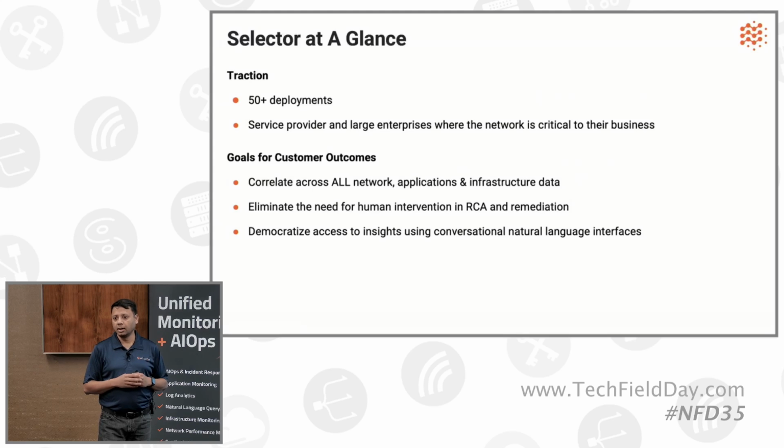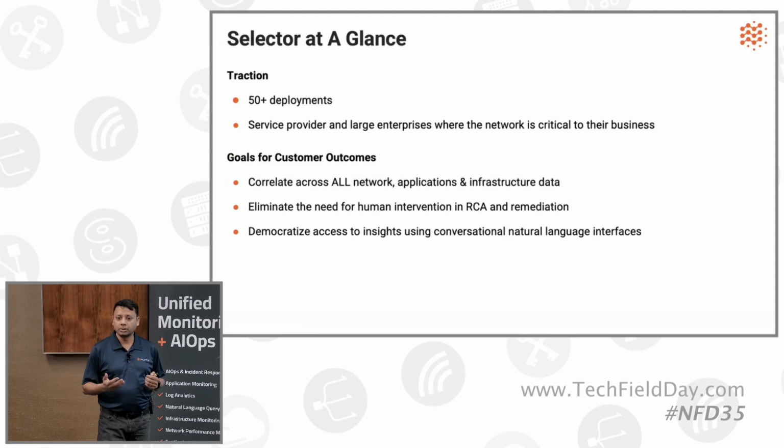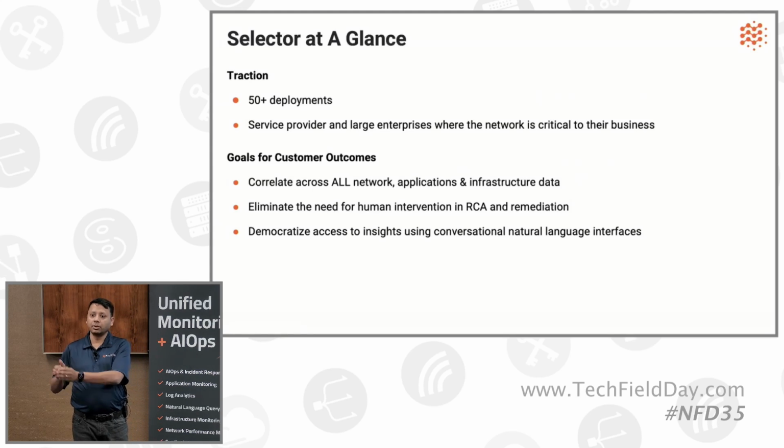That's been the focus so far. By doing that, we have eliminated the human interaction. You don't have to go look at multiple different dashboards to figure out what's happening, or do some kind of mental correlation. It reduces the time to get to the right data, and use that to get to the right root cause. That's been the focus.